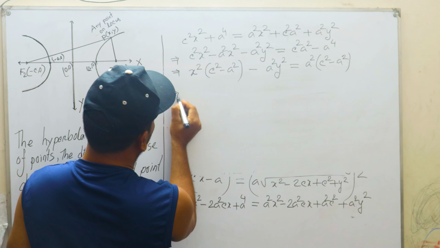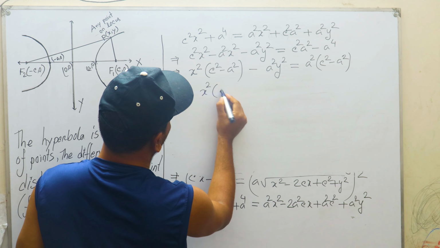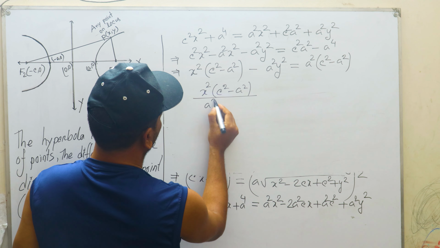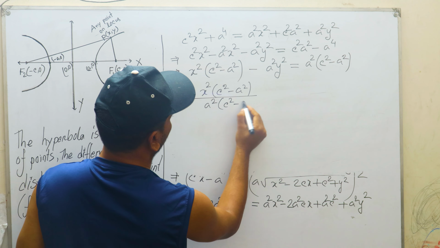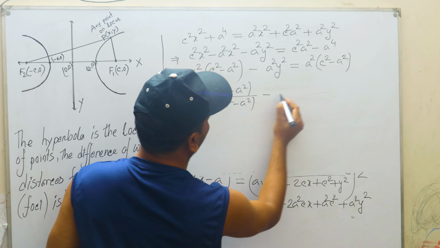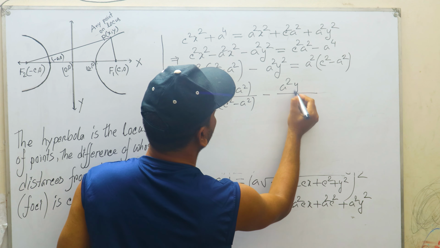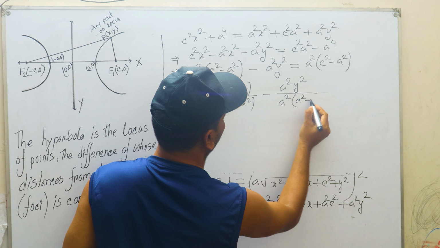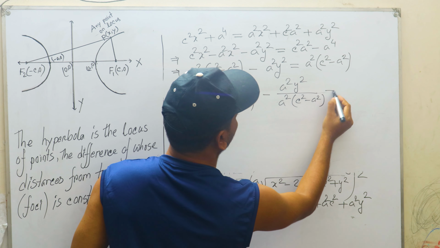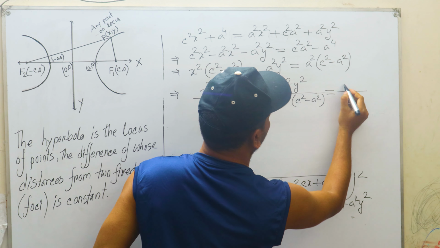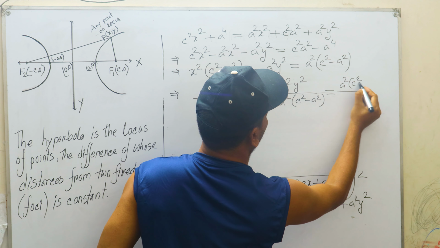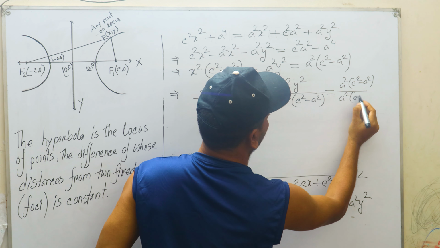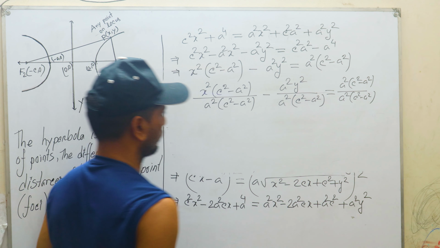So dividing both sides, x square (c square minus a square) divided by a square (c square minus a square), minus a square y square divided by a square (c square minus a square), equals a square (c square minus a square) divided by a square (c square minus a square).